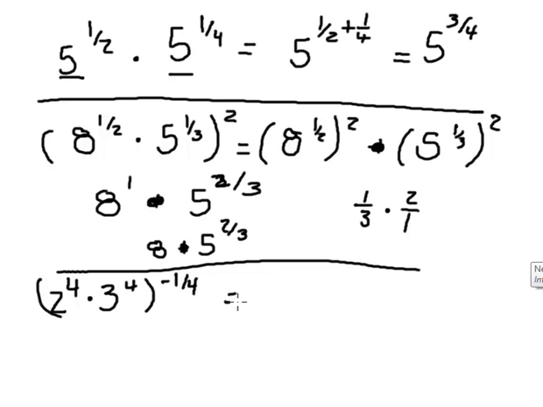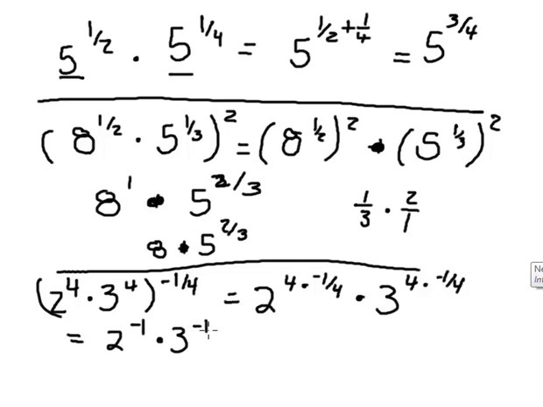And so this will be 2 to the 4th times -1/4 times 3 to the 4th times -1/4. Alright, 4 times -1/4 is -1. So this is 2 to the -1 times 3 to the -1.